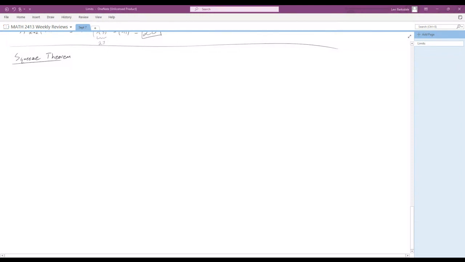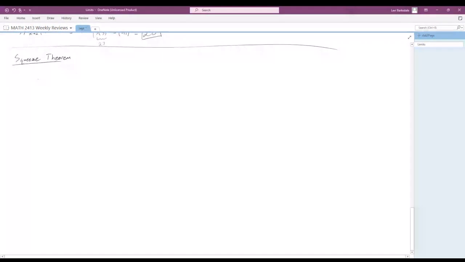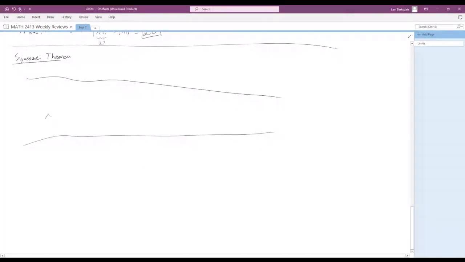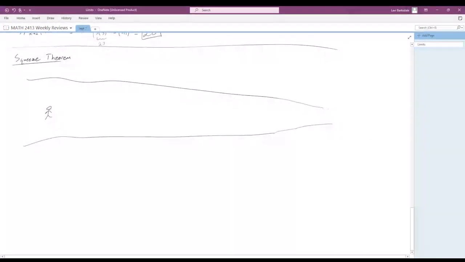So let's say a person is walking in a canyon. Here are the walls. And the person is just walking along in the canyon happily on a nice hike. Well, as they walk along, let's say that the canyon walls get narrower and narrower.